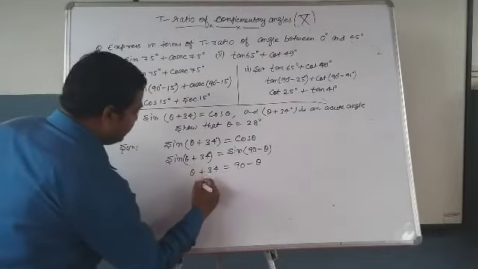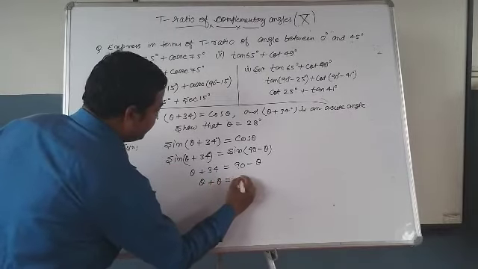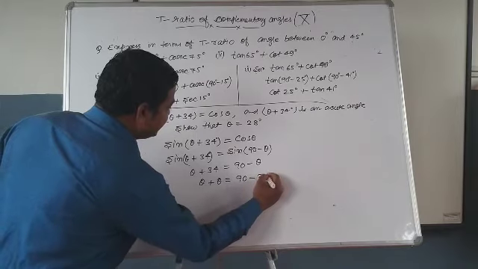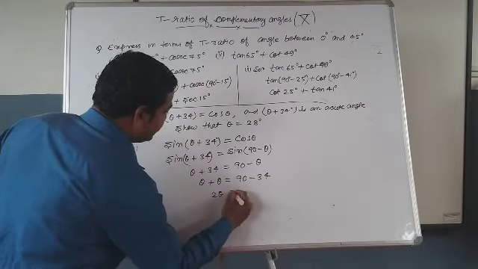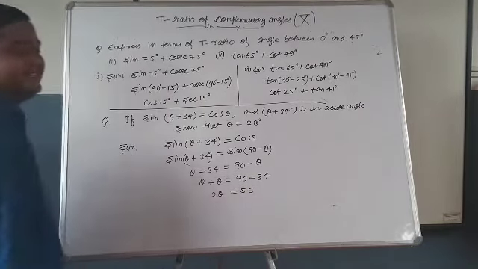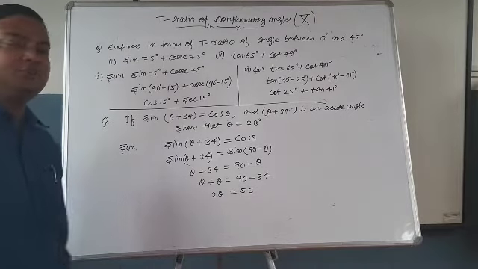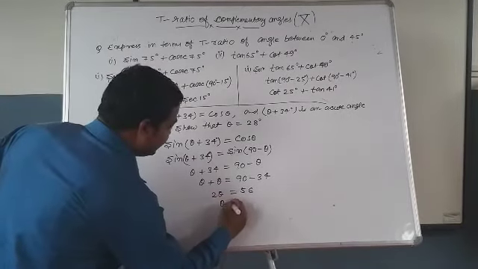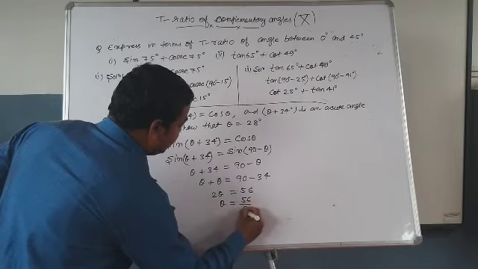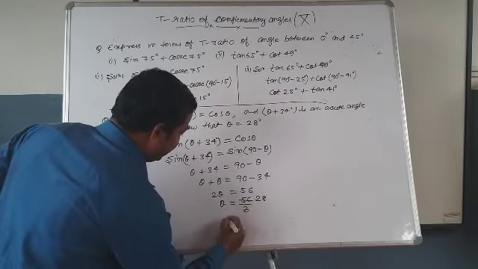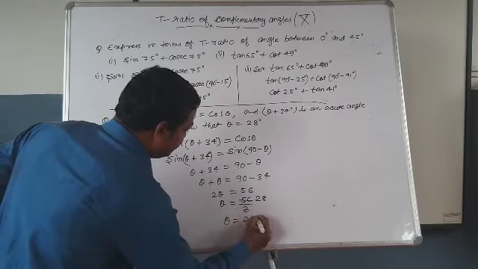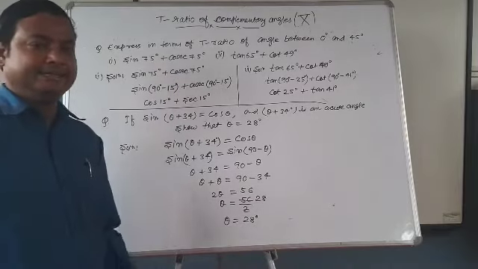This theta comes here: theta plus theta equals 90 minus 34, so 2 theta equals 56 degrees. Then theta equals 56 by 2, so the value of theta equals 28 degrees.